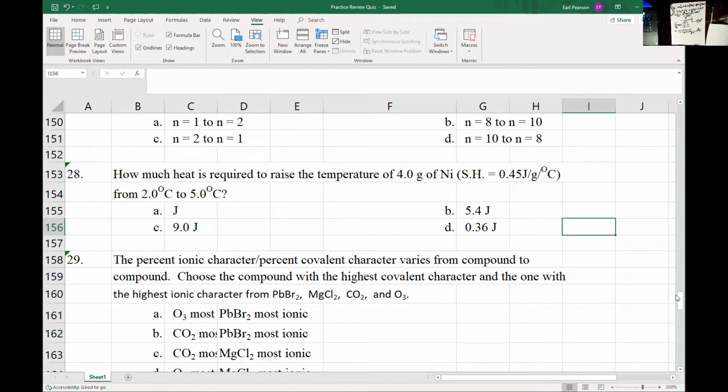Okay, so 4 times 0.45 times 3, the difference. I get 6.4 times 0.45 times 3. I typed it in wrong. I got 5.4 joules.